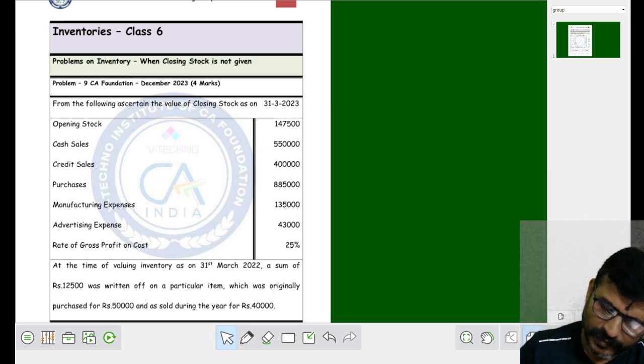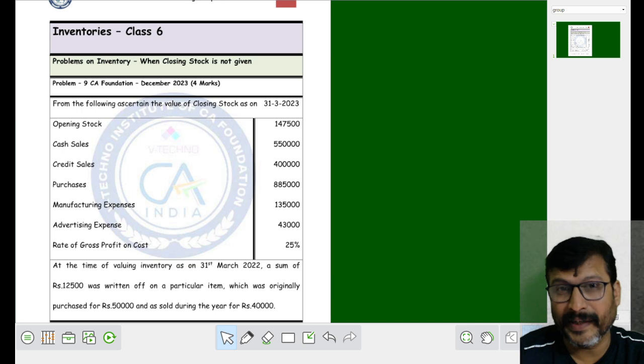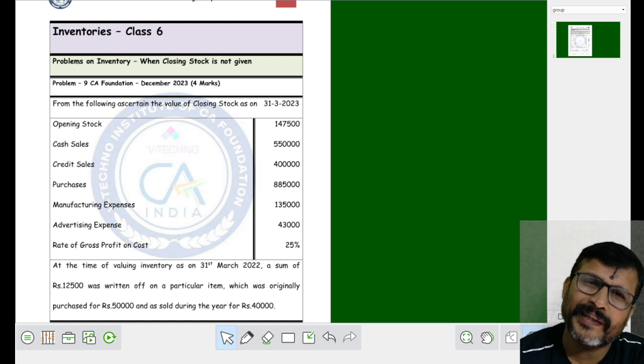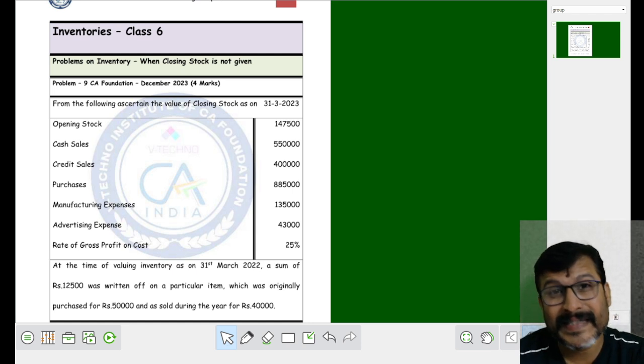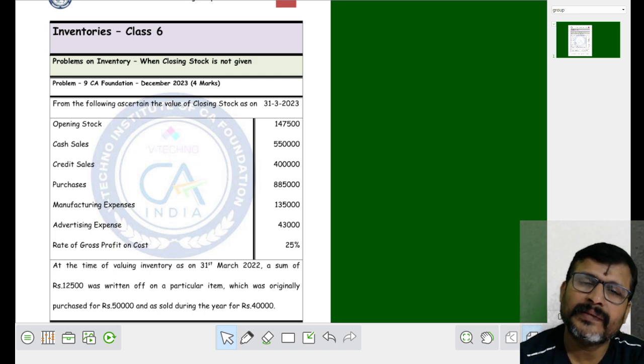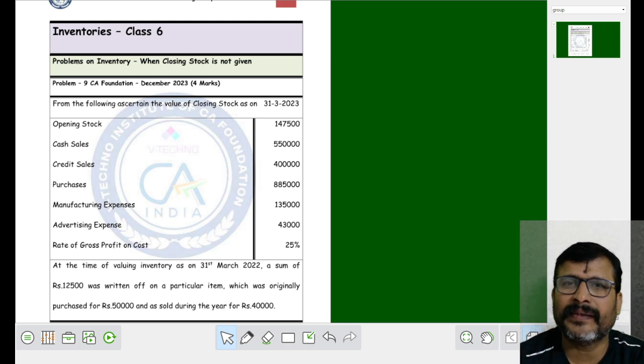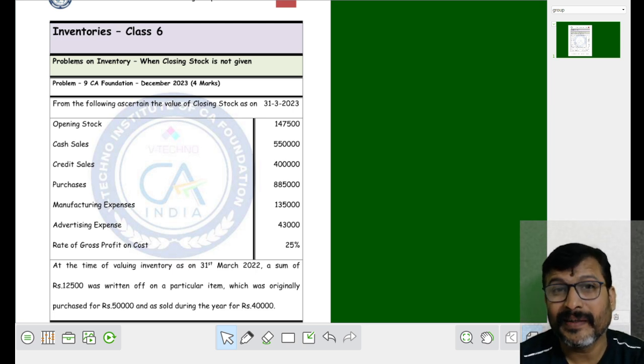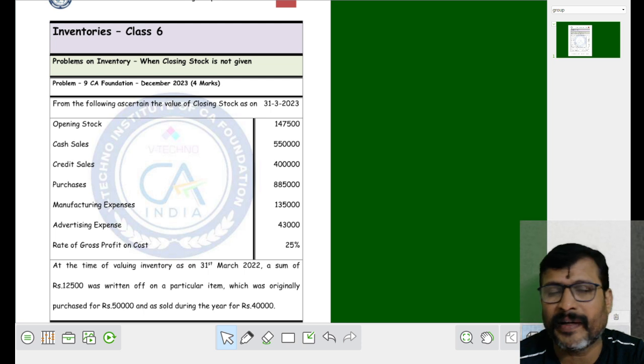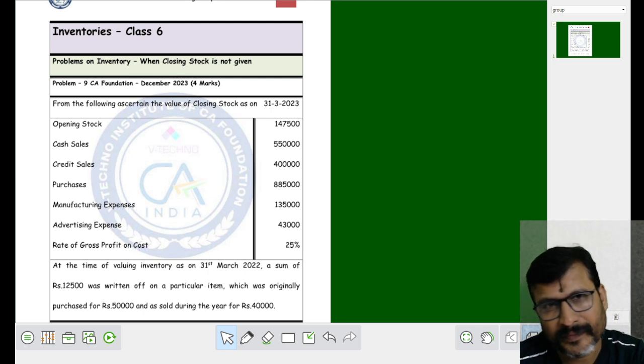Now, let us learn one more problem on inventory, similar to the ones we solved in the earlier classes. But after this class 6, when I start class 7, we are entering into the next method of inventory valuation, the next type of inventory valuation. Okay?